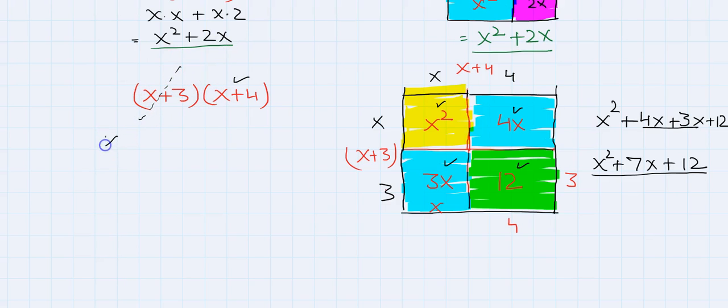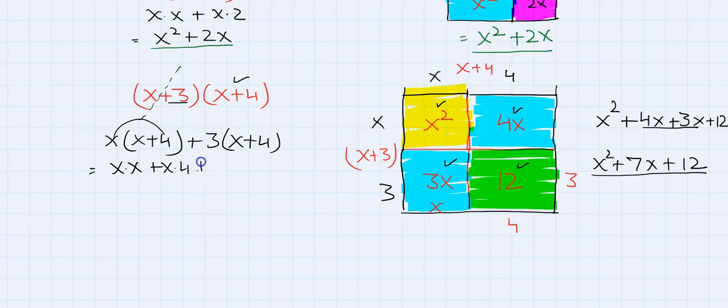So we write x multiplied by another bracket, x plus 4, then plus 3 multiplied by the same bracket. Now let's multiply: x multiplied by x, plus x multiplied by 4, plus 3 multiplied by x, and plus 3 multiplied by 4.